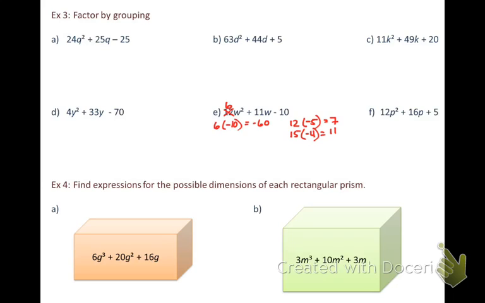When you add them together, 12 plus negative 5 is 7, and 15 plus negative 4 is 11. So these two are your factors that we're going to deal with.